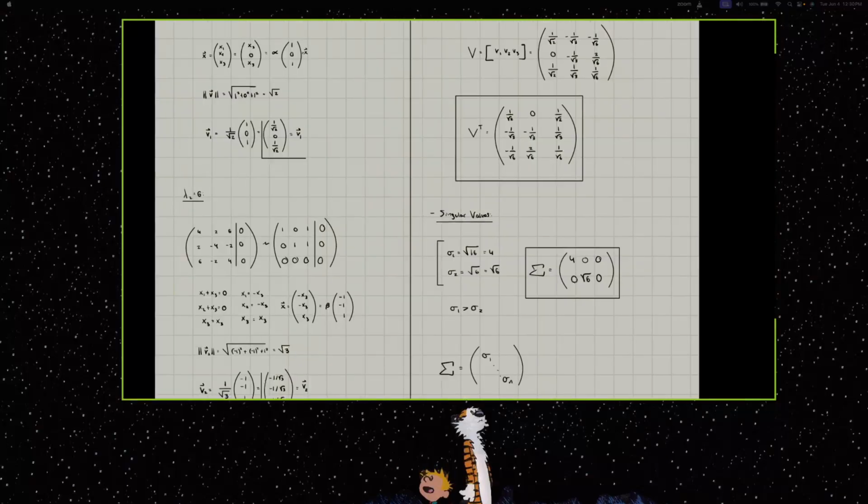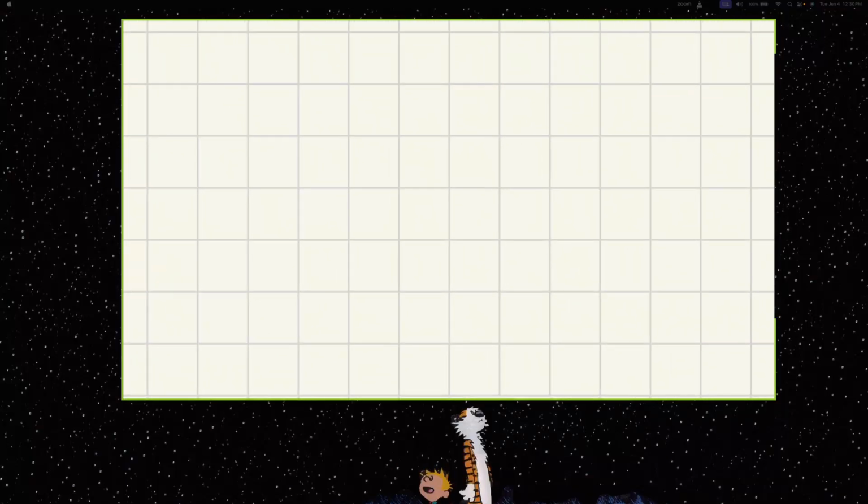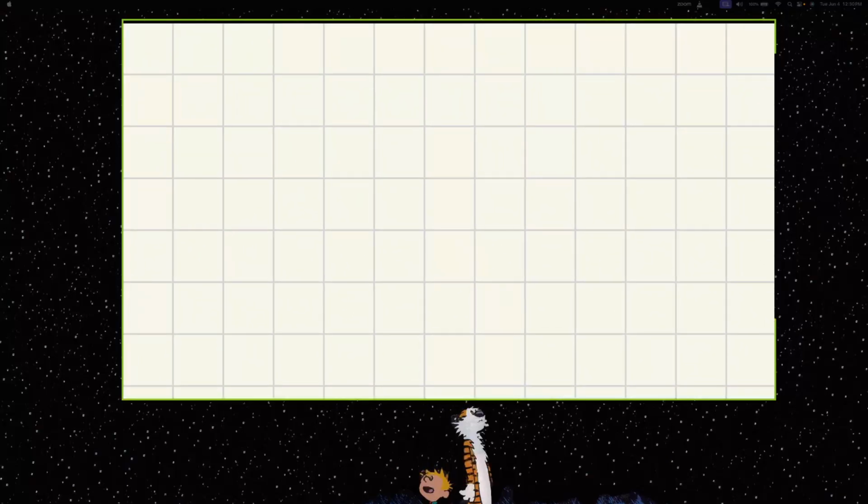Well, let's recall what we were showing earlier, but let's take a different approach. If we take our decomposition, A equals U sigma V transpose, let's try to solve this in terms of U. If I want to get rid of this V transpose, I can multiply by V. So we get U sigma V transpose times V. This would go away as they're orthogonal.